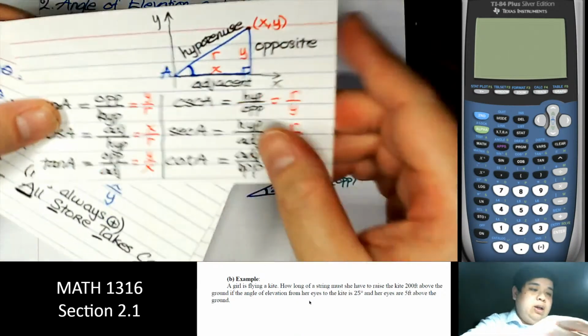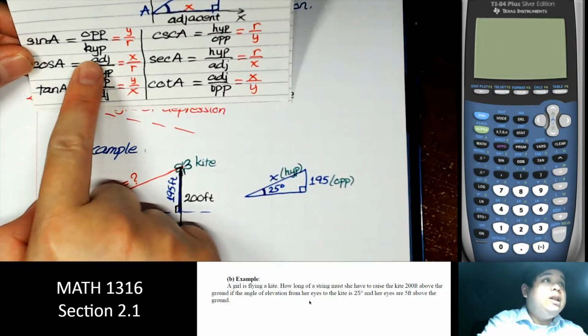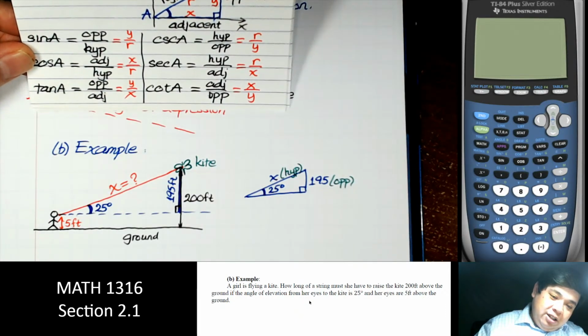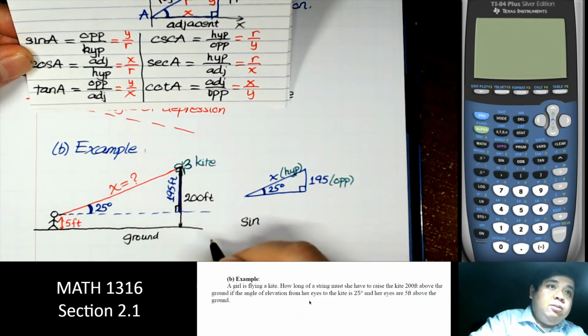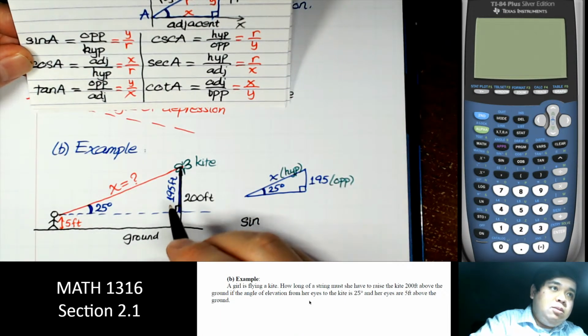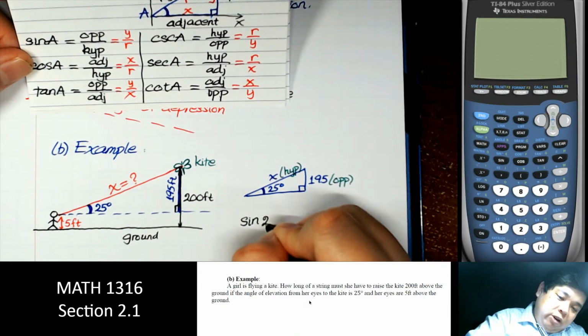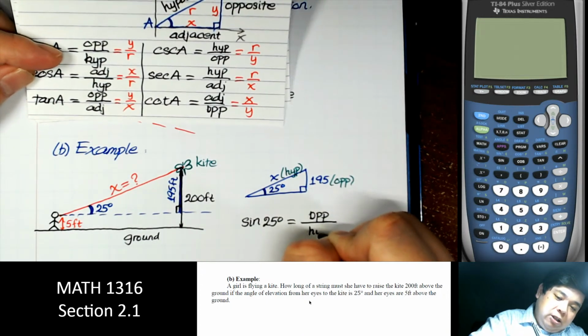So which one has opposite and hypotenuse? That could be sine. So we're going to use sine of 25 degrees, opposite over hypotenuse.